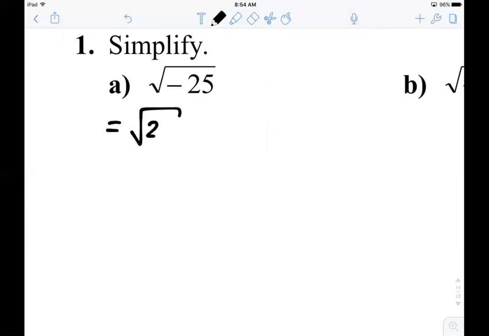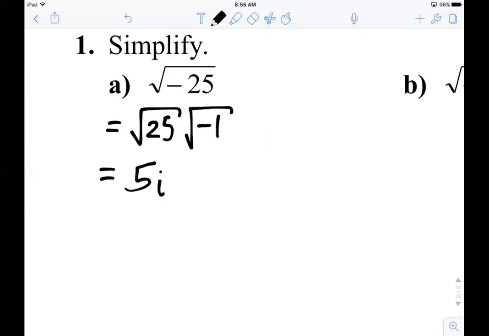So it's really going to be like the square root of +25 multiplied by the square root of -1. Now, if you're wondering why I did that, it's because now each of those separate pieces is something that I can mathematically calculate. I can say the square root of 25 is 5, and now I have a way to write the square root of -1. It's this little mathematical imaginary unit, i.